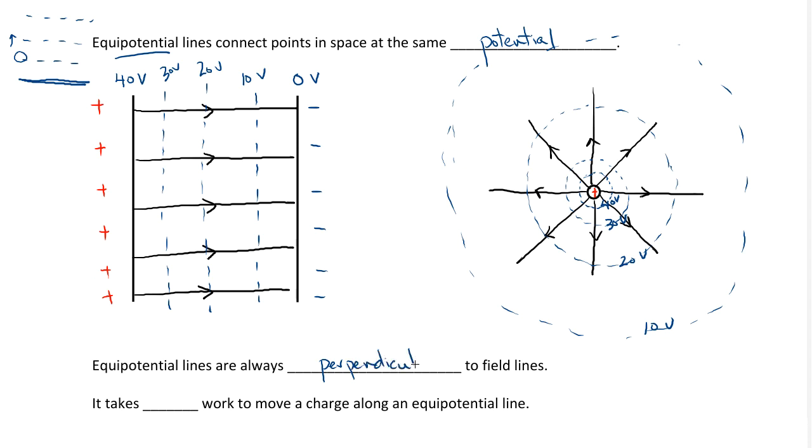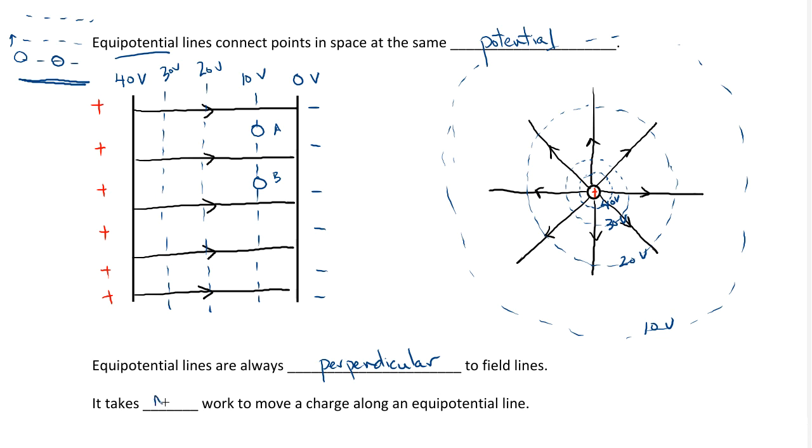And if we think about the work required to move along an equipotential line, so along here, let's say I have a charge there and I want to move it to there. If I think about that in terms of the height analogy, that's like saying I have a mass here and I want to move it over to here. That's not changing the gravitational potential energy of that mass at all, and so this requires no work. In the same way, moving here from A to B would require no work either.